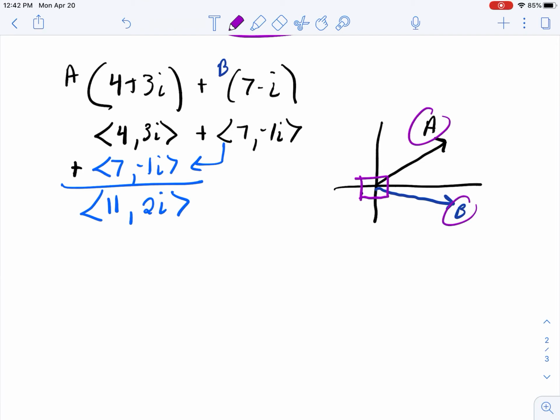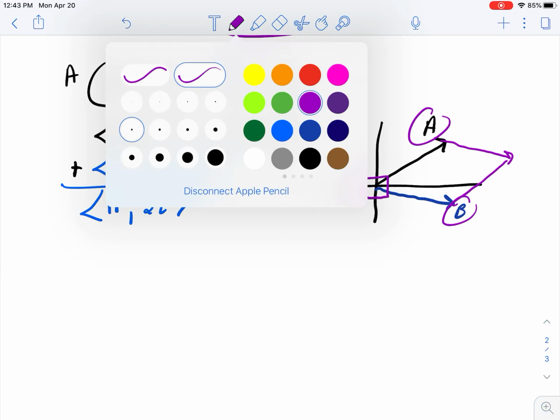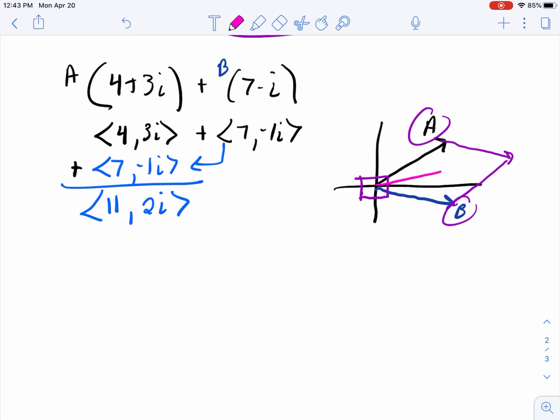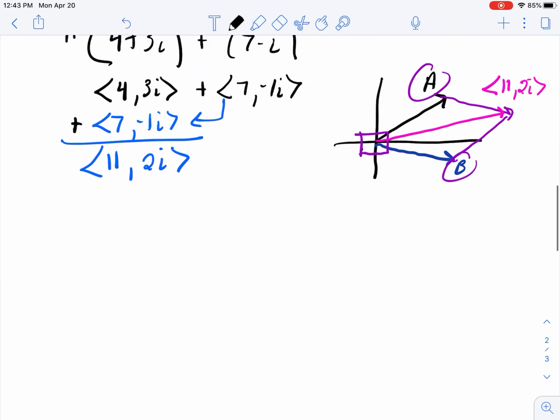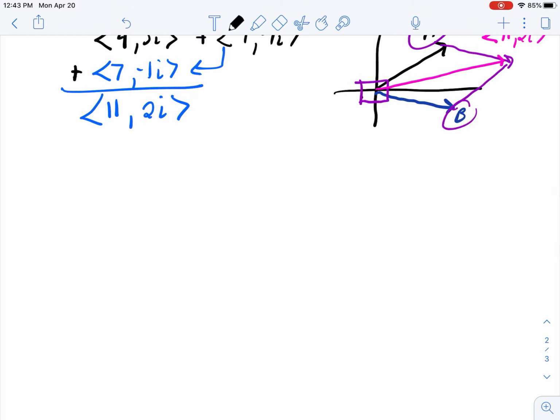Two people, let's say A and B, are pulling together, so the direction that you're going to go would be this right here. So you're going to end up in the direction of 11 comma 2i as your result. Okay. But in this chapter, we're doing polynomials, but we can do the exact same thing.